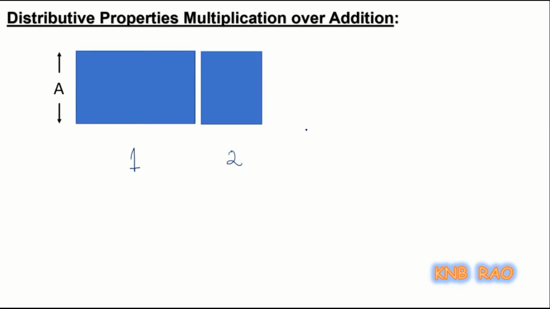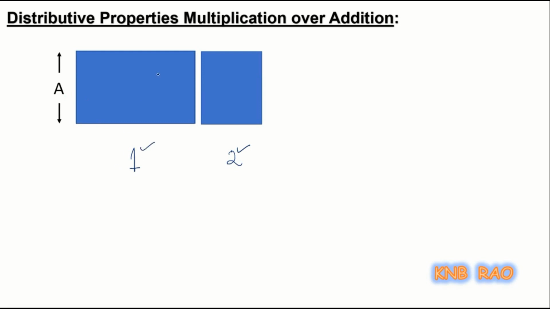I could see that one of the dimensions of the second rectangle is the same as the breadth of the first rectangle.